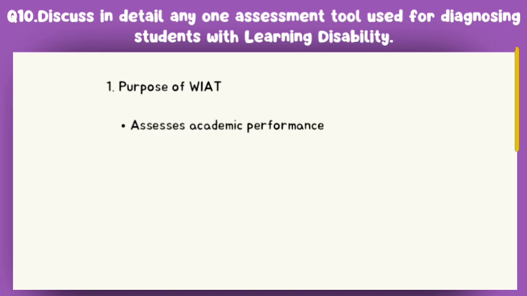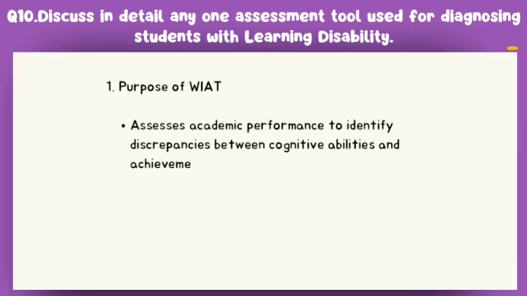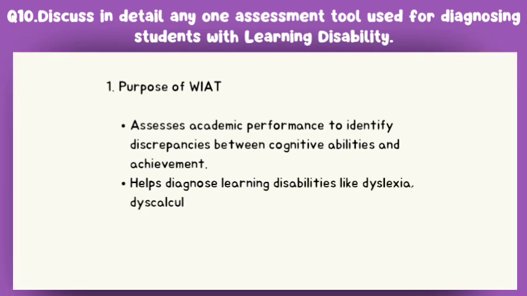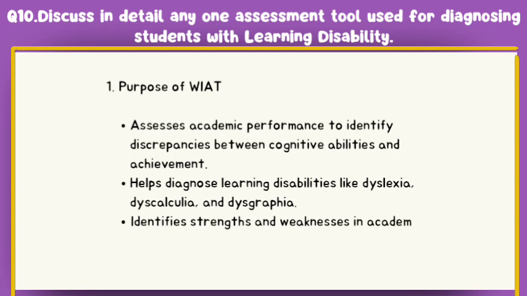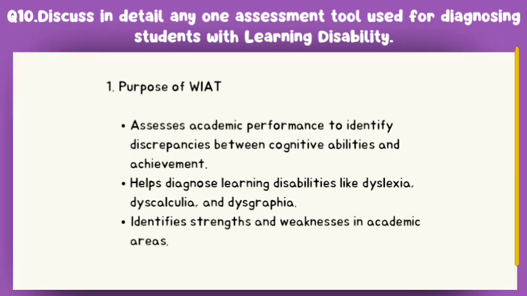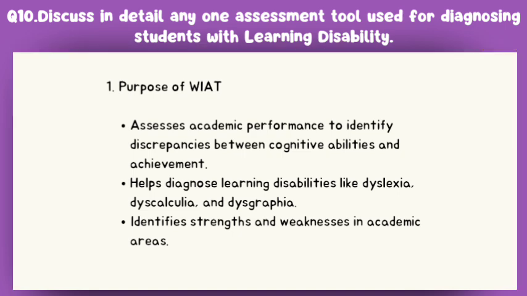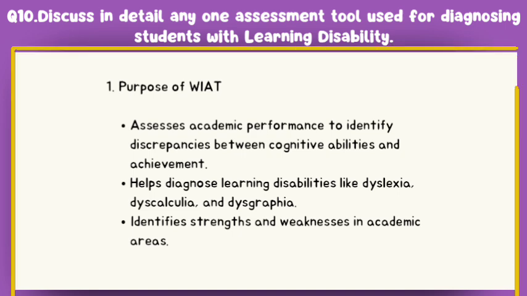The purpose of this test is to assess an individual's academic performance across a range of subjects to identify discrepancies between cognitive abilities and academic achievements, which is a key indicator of a learning disability. It helps in diagnosing issues like dyslexia, dyscalculia, and other specific learning disabilities by highlighting areas where students are performing below expected levels.